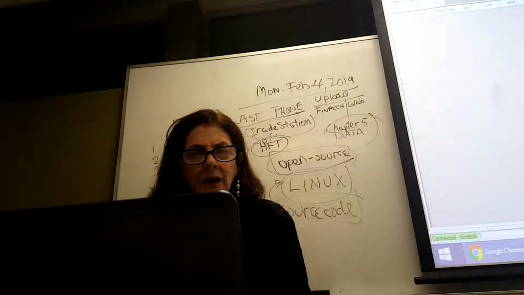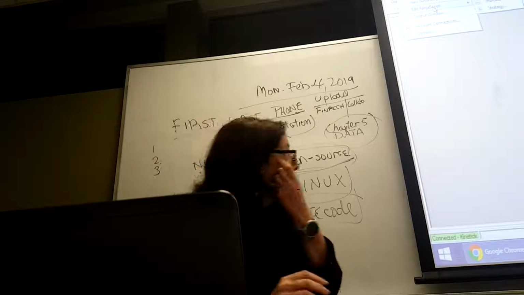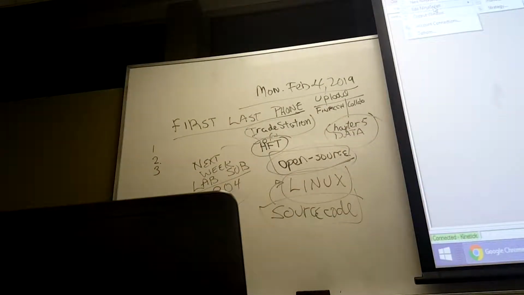So I am going to Tools, and the source code for this is called NinjaScript. The source code language for NinjaTrader, because it's called Ninja, is a scripting language. It's called NinjaScript. It really is C#.